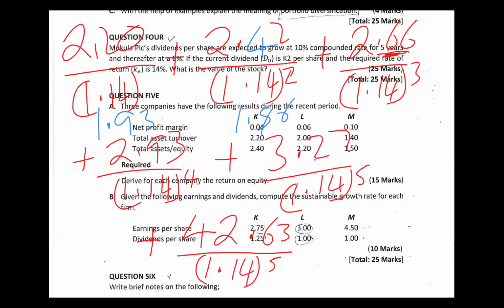What about the others? That third year, what do you find? I'm using a blue marker for the present values. What do you find? 1.80.